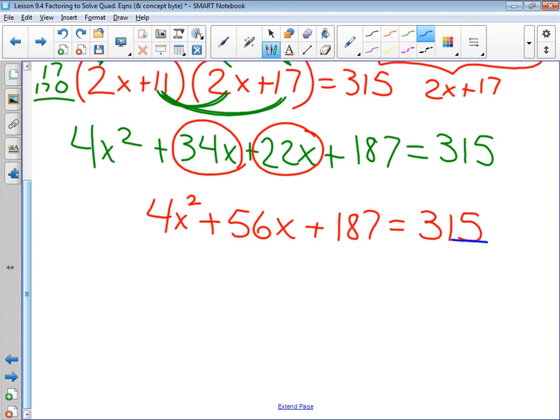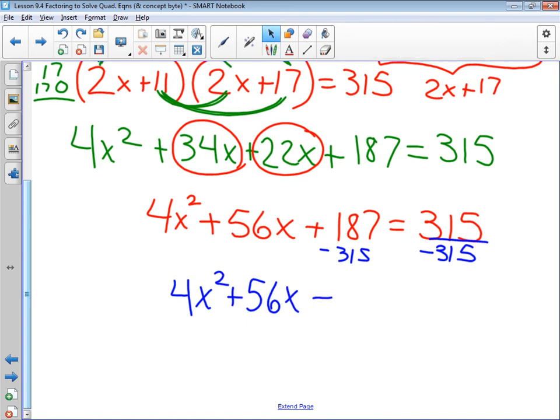So I'm going to take the 315 and subtract it from both sides to get it equal to 0. And what I end up with is 4x squared plus 56x minus 128.